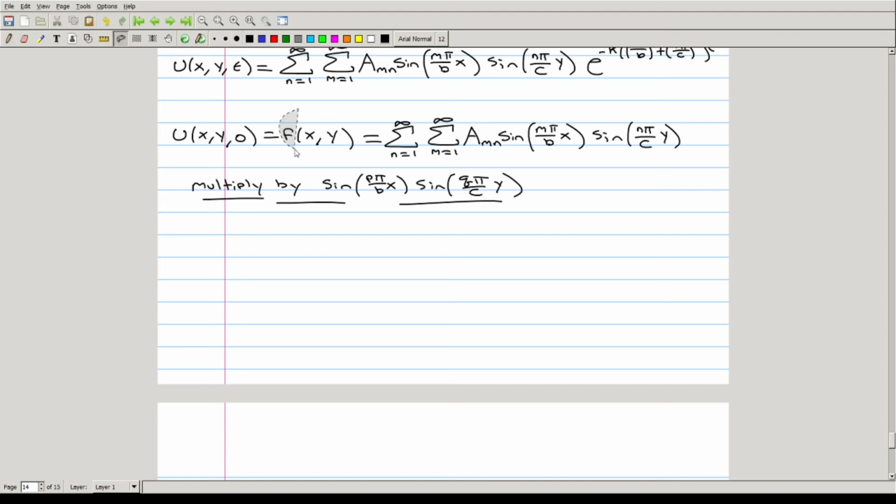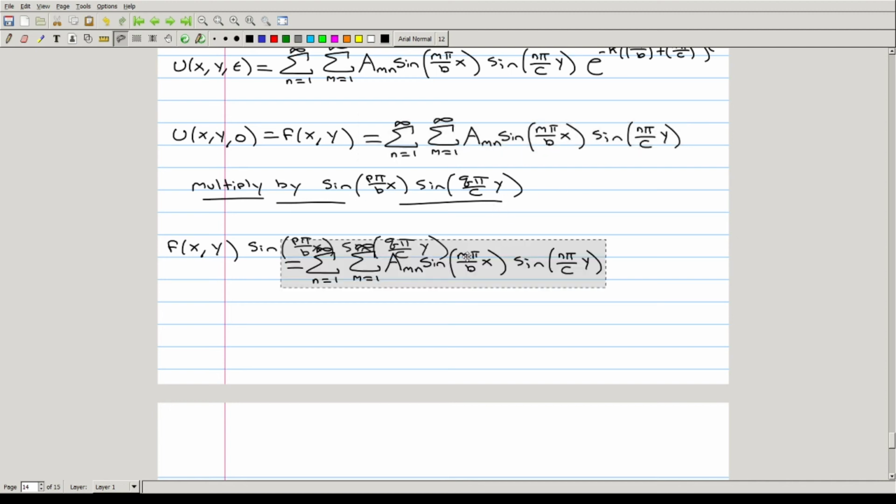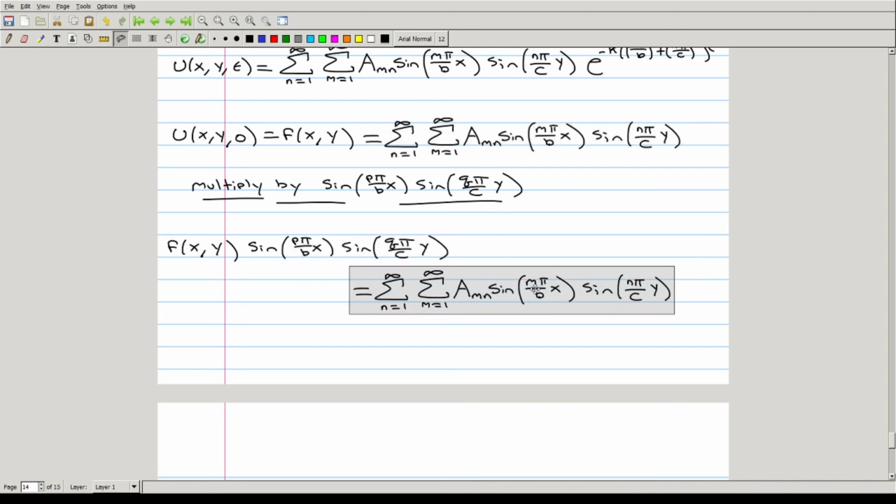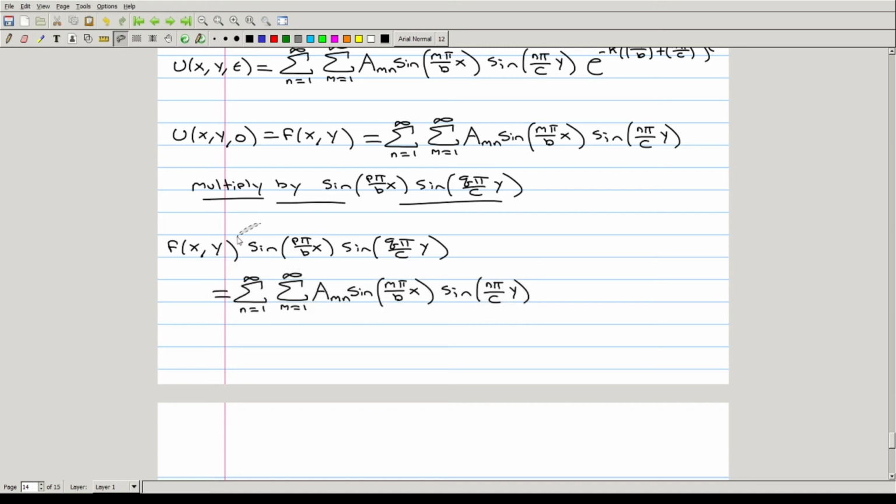And this gives us an expression of the form f of x, y times sine of p pi over b times x times sine of q pi over c times y. And on the right hand side we get this exact same expression multiplied by each term in our infinite sum.